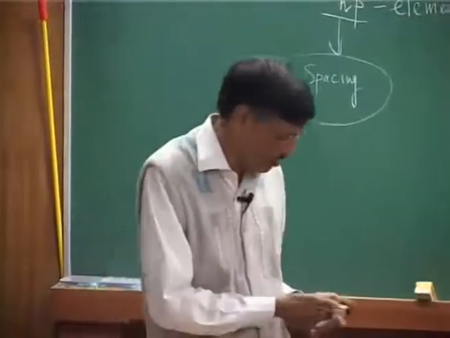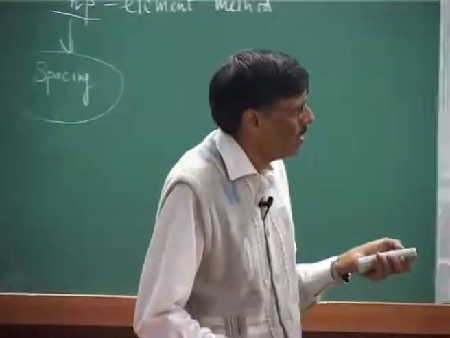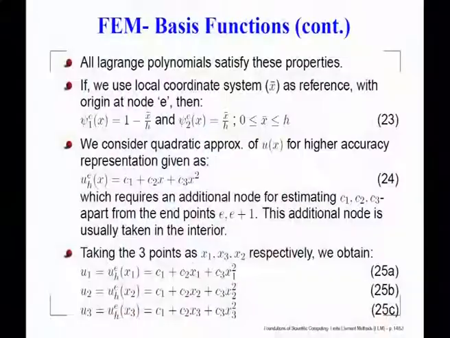So, for that purpose, we will look at this quadratic representation of the elemental functions, and that would require us to solve for these three constants C1, C2 and C3. However, we are still restricting ourselves in the node.